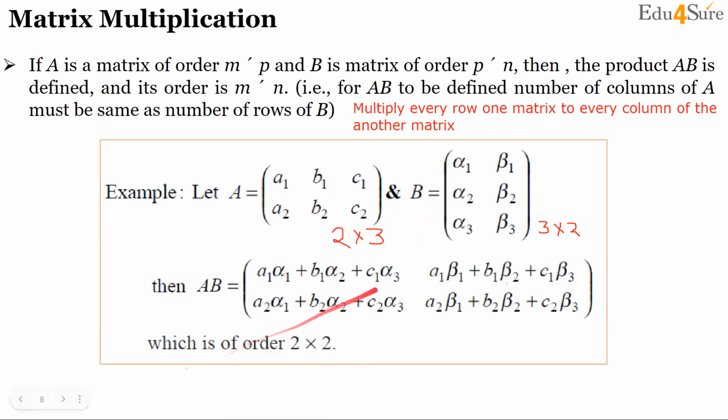What I mean to say is that for 2 cross 3, the number of columns of the first matrix and the number of rows of the second matrix should always be the same. So you can cancel this, and you will get an order of 2 cross 2. I repeat once again: this is 3 for the 3 columns here, and this is 3 for the 3 rows. When both are the same, you can cancel them, so at the end you will get 2 cross 2. So your result will be of order 2 cross 2.